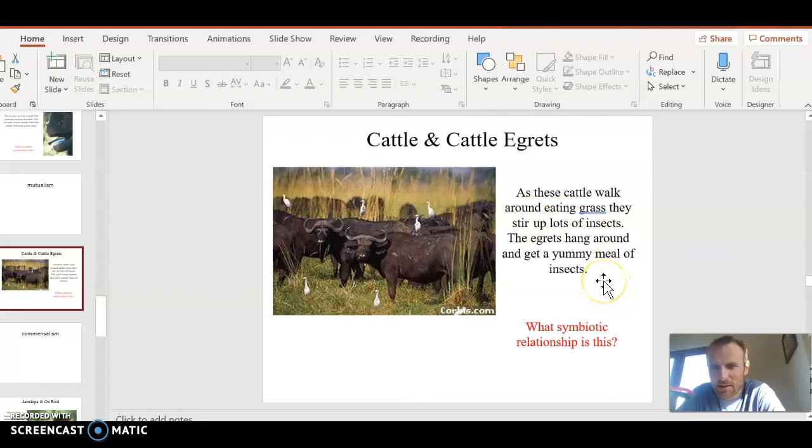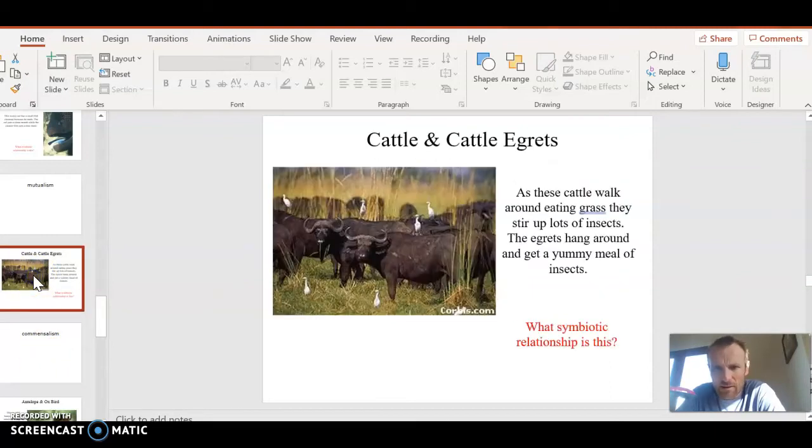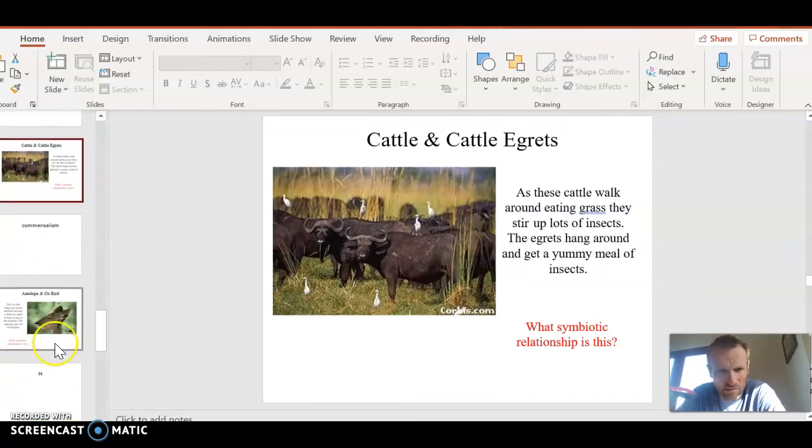The insects feed the birds, the egrets, and they get food. The cattle are relatively unaffected. This one is commensalism because the cattle are not affected, although I think those might be buffalo.